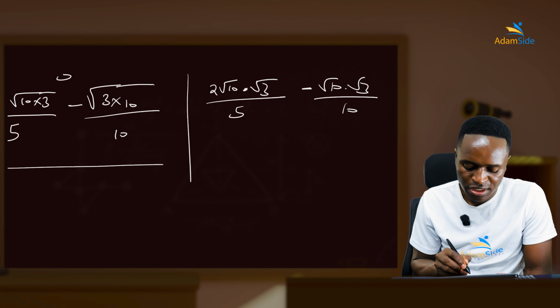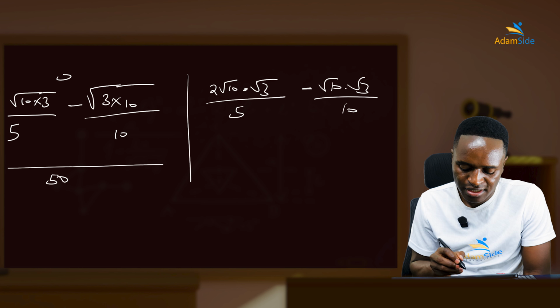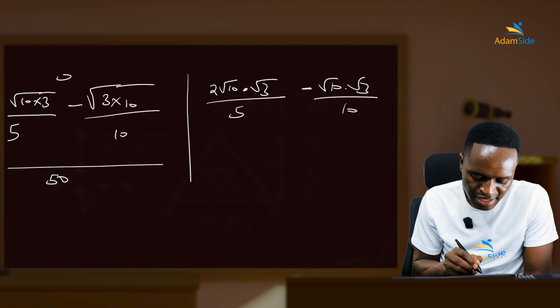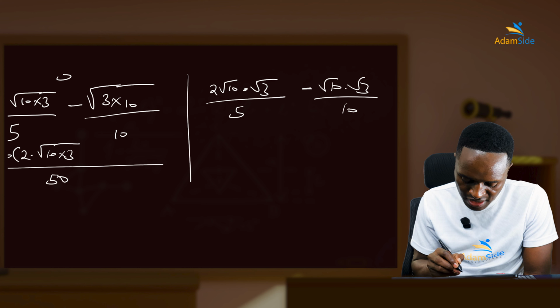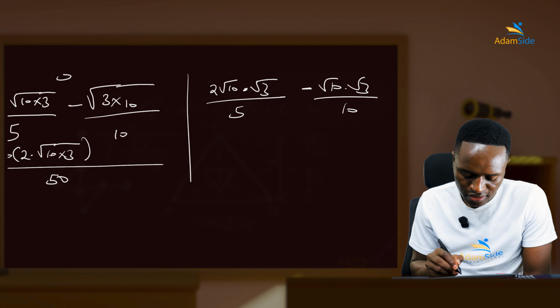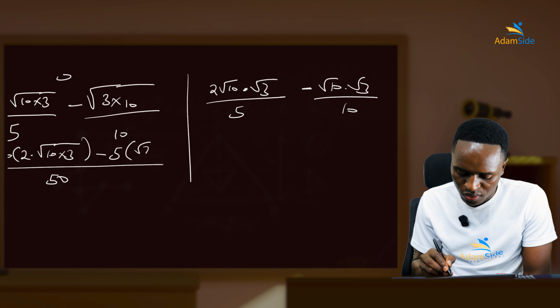Then 50 divided by 5 is 10, so 10 times everything inside: 2 times root 10 times 3, and then minus, for this one, 50 divided by 10 is 5, so minus 5 times root 3 times root 10.